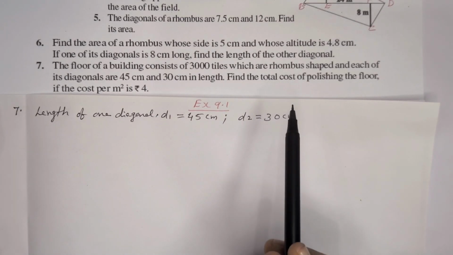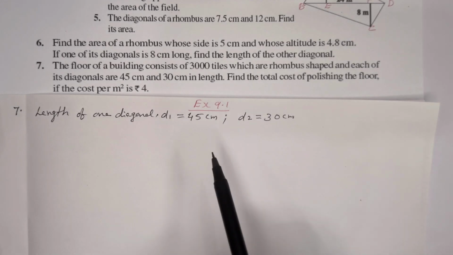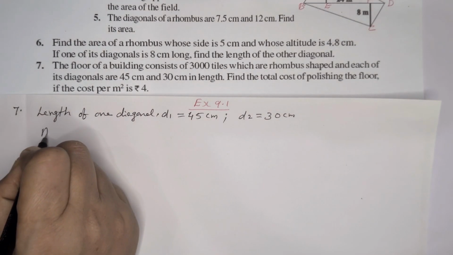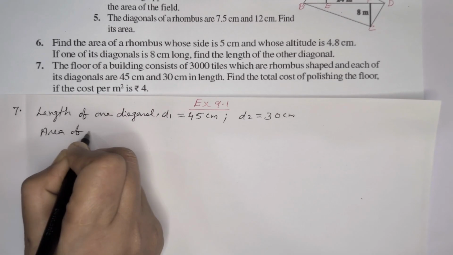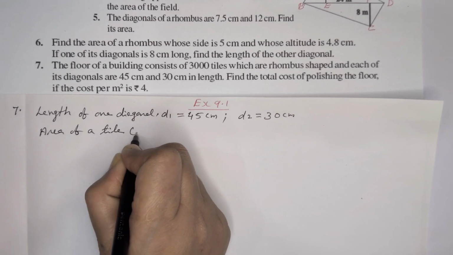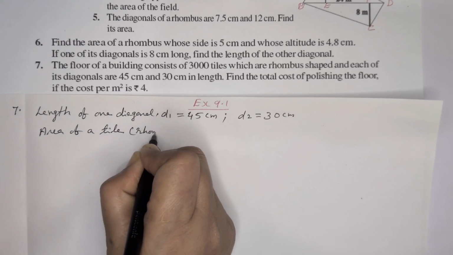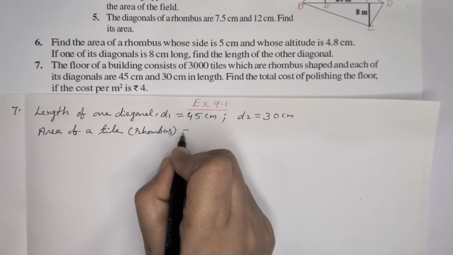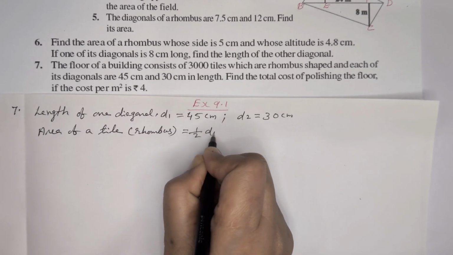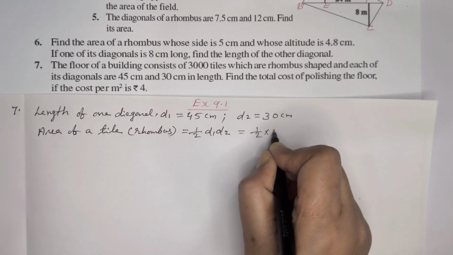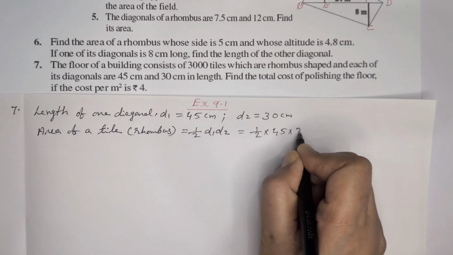So area of one tile is equal to area of the rhombus, and we can write therefore area of a tile, that means in rhombus shape. So area of the rhombus, same formula we can use, half into D1 into D2, which is equal to half into 45 into 30.